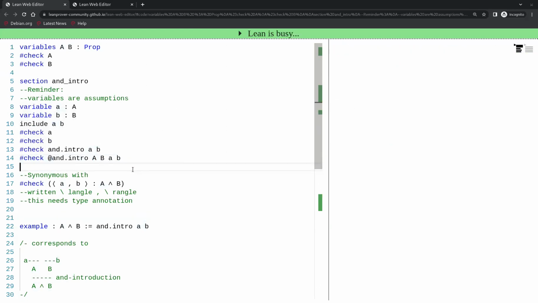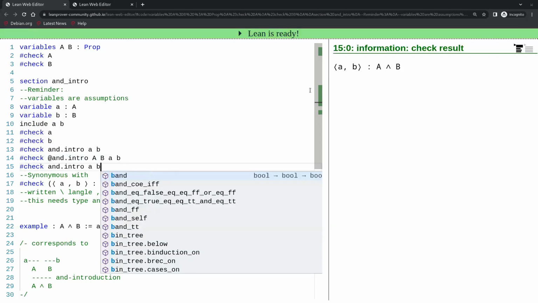We can write this shorter as check and.intro A B. We already had this above. So and.intro A B is a proof of A and B.